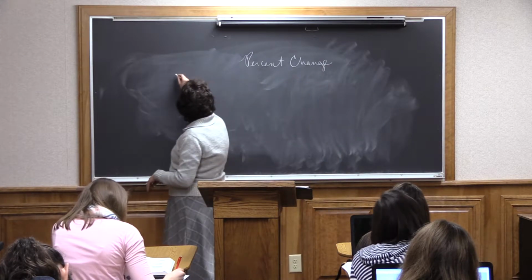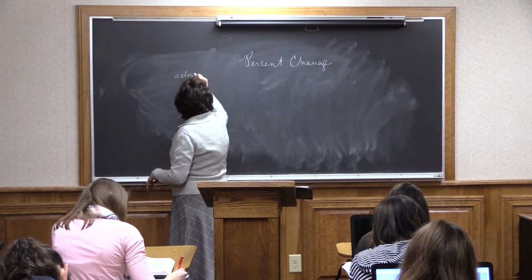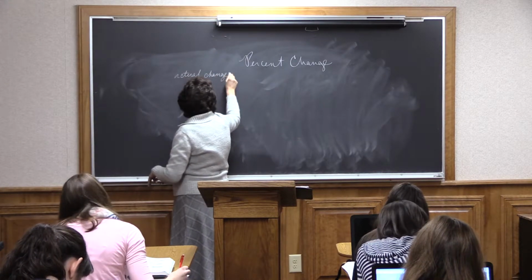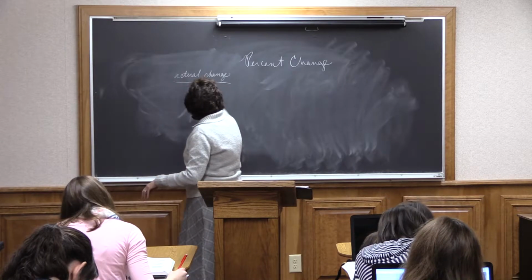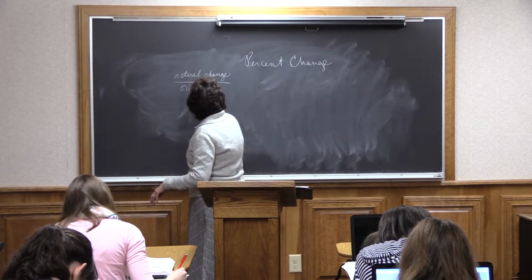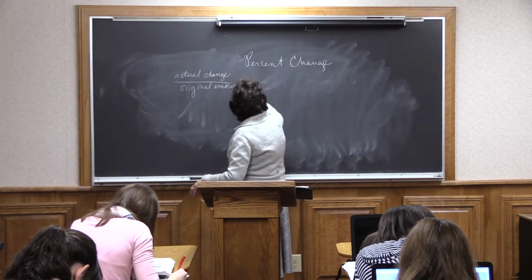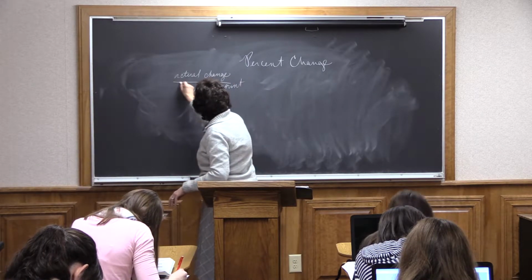To do this, we will always find the actual amount of change. It doesn't matter if it's an increase or a decrease, and we must always do our comparison to the original amount.